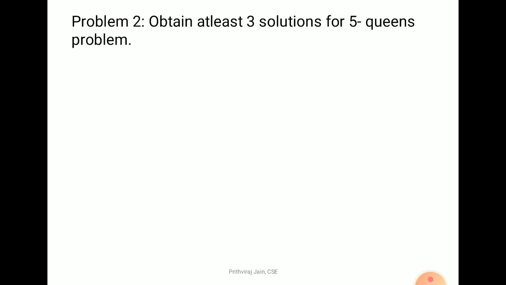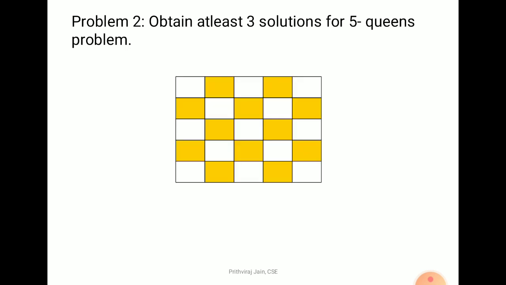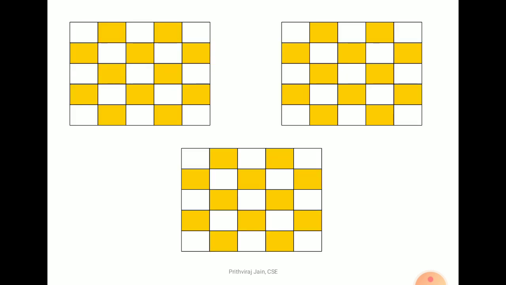Another problem is to obtain at least 3 solutions for the 5 queens problem. You should have a 5 cross 5 matrix, because we have to obtain the solutions. Let us see the solutions one by one.